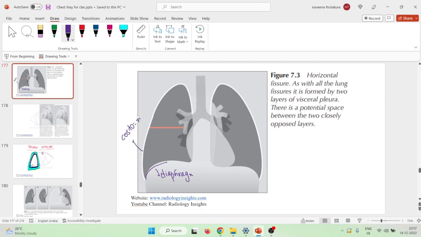So between the ribs and the diaphragm, there is this angle which is called the costophrenic angle. Similarly, this is the heart and this is the diaphragm. Between the heart and diaphragm, we have one more angle which is called the cardiophrenic angle.